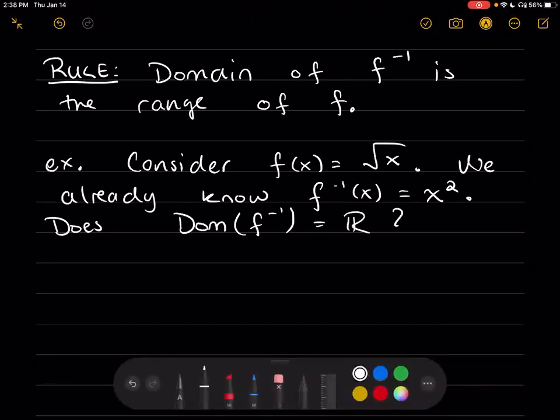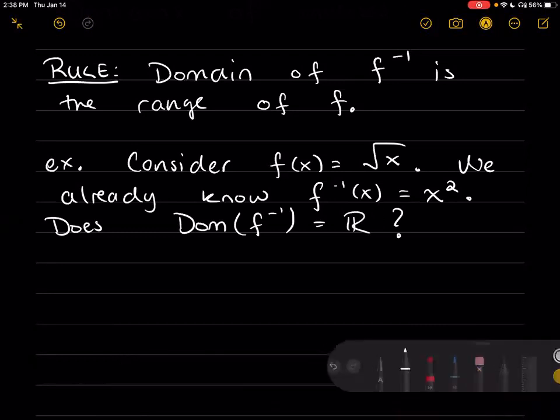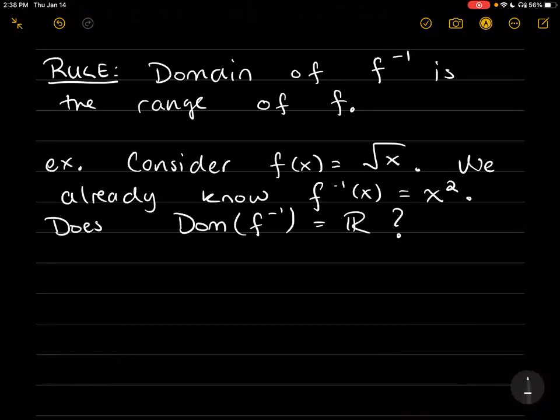And it's tempting to say yes, but the problem is that the range of the square root function is not all of R. So, nope. We know from our rule above that the domain of f inverse is the range of f.